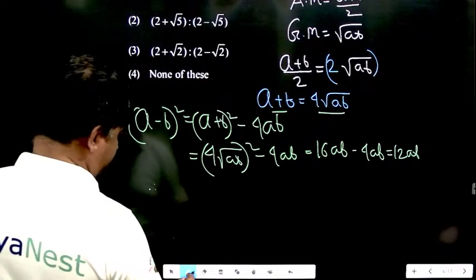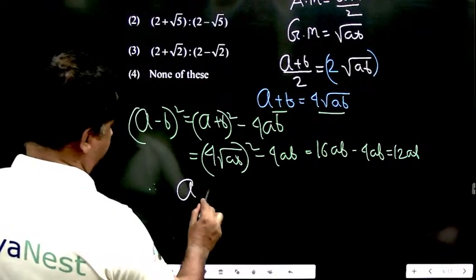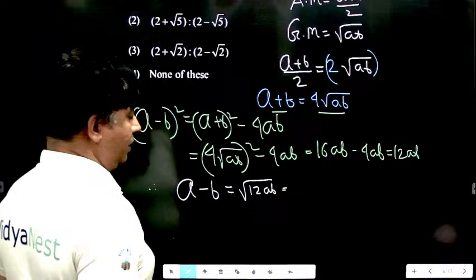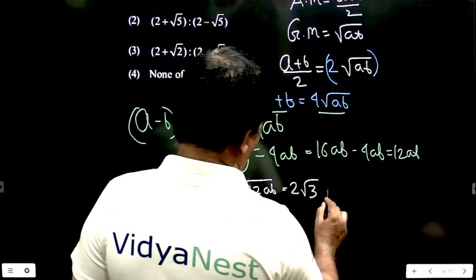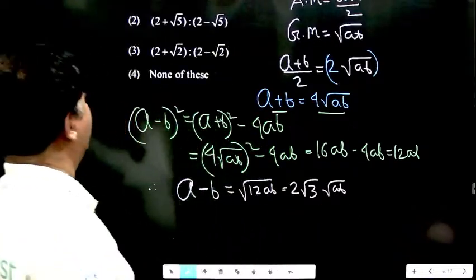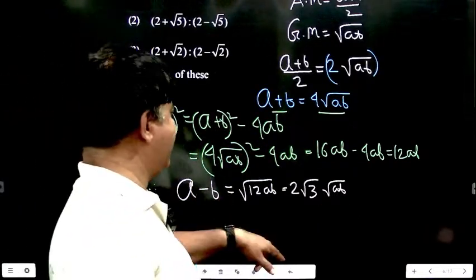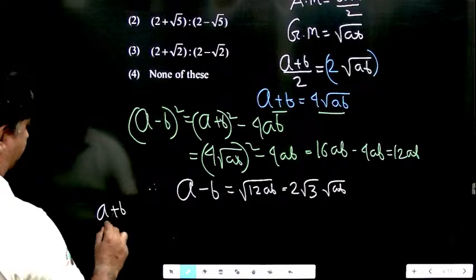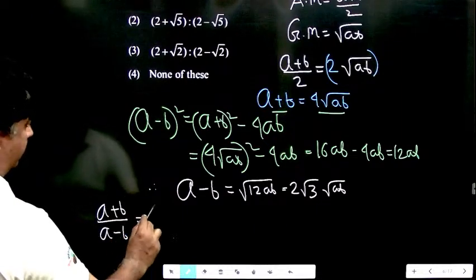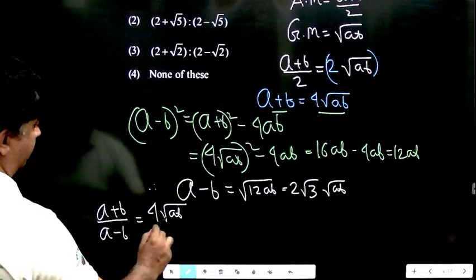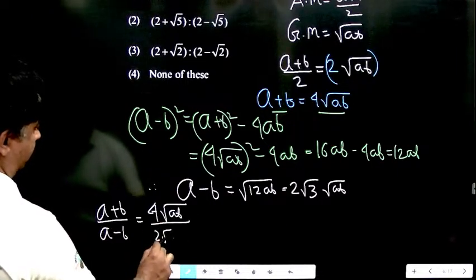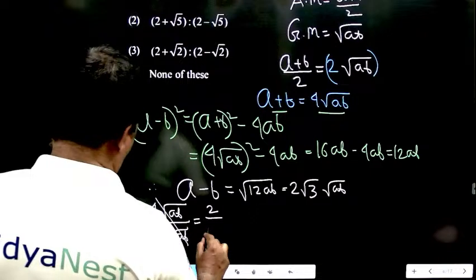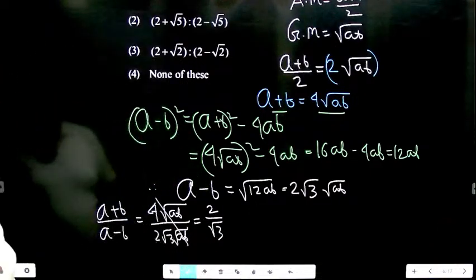So root 12 AB, that means 2 root 3 root AB. Now you have got A minus B, you have A plus B. Divide it and see the outcome. Cancel. Now use componendo and dividendo.